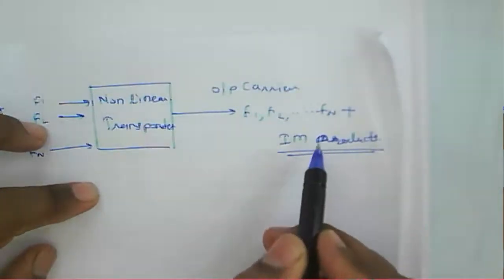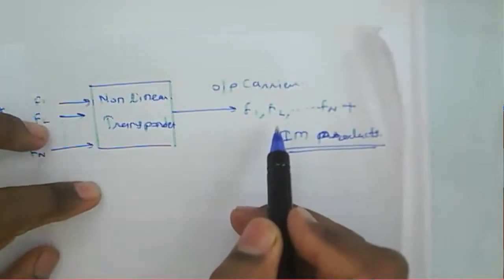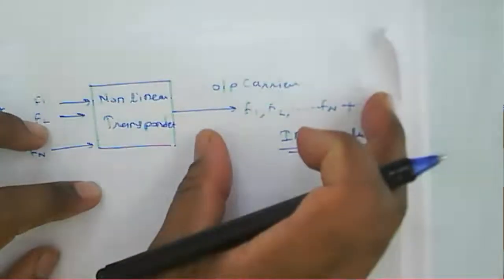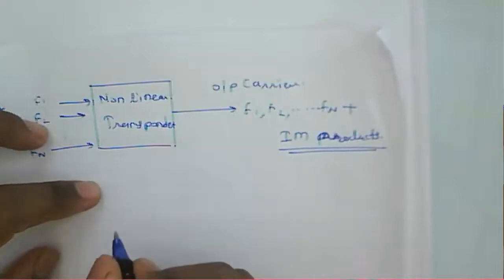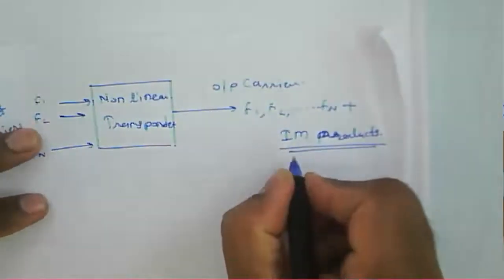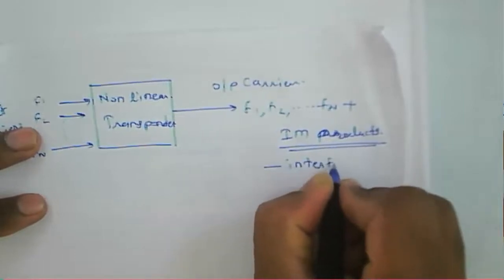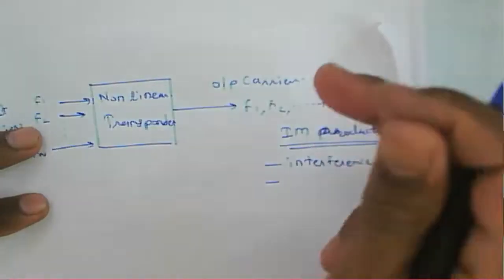But what happened is that whatever the intermodulation products are generated, those IM products that fall within the signal band act as the interference, and that's why it degrades the performance of your channel.